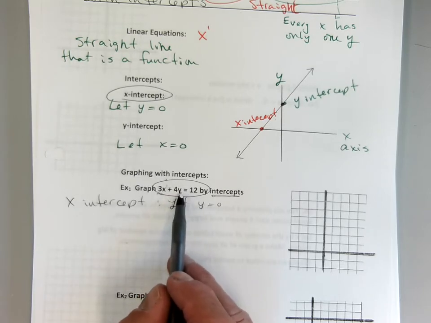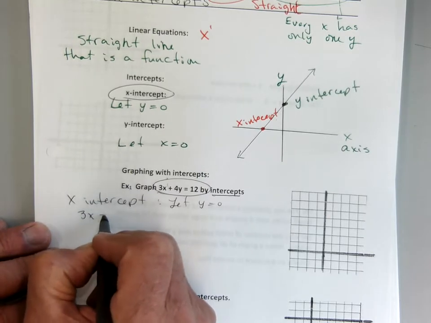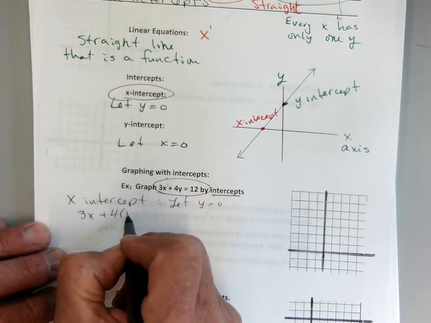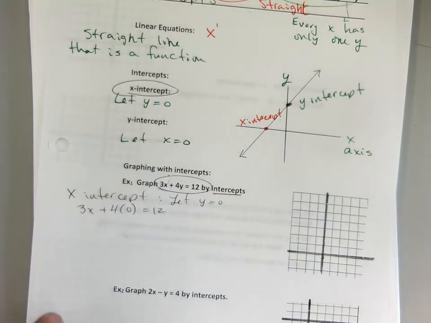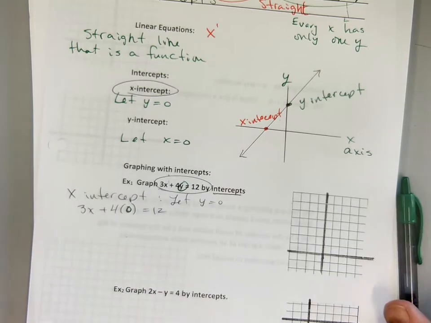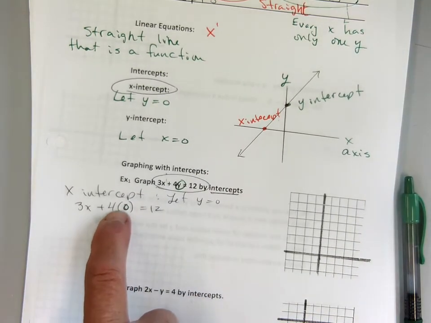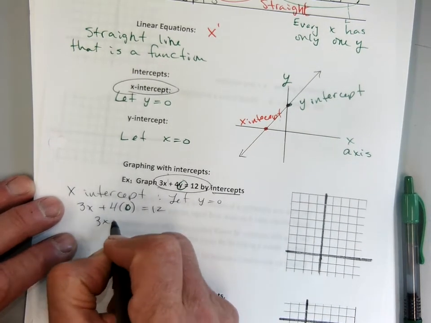In my equation, instead of writing y, we'll put 0. So I'm going to write 3x plus 4 times 0 equals 12. Instead of writing my y value, I wrote 0. That's easy, anything times 0 is 0. 4 times 0 is just 0. So I really get 3x equals 12.